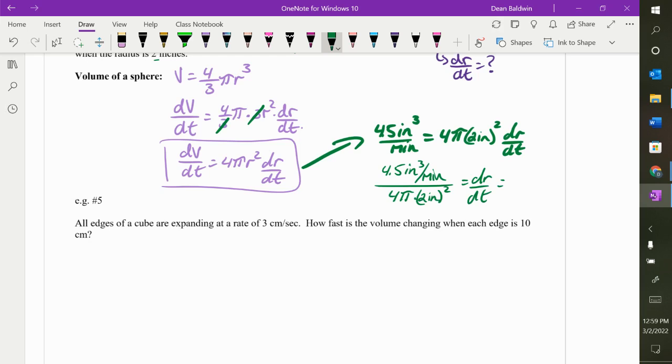I think I put the pi in this time because it's in the denominator. Ready? Yeah. 0.09 inches per minute.